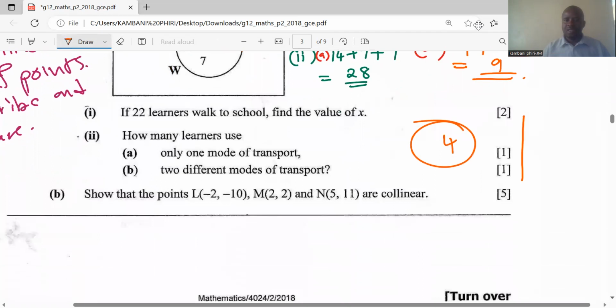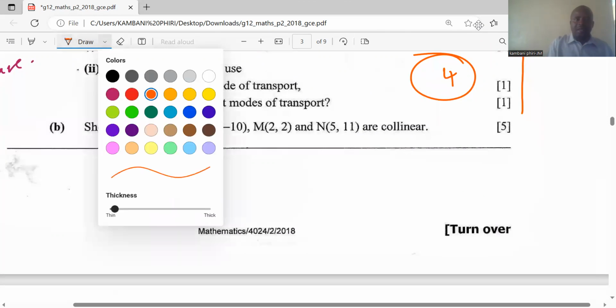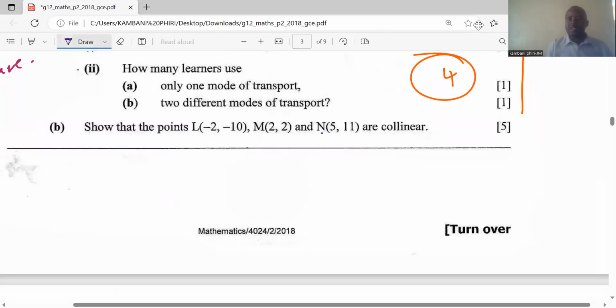Then the next question. Show that the points L, M, and N are collinear. Now, when I say a point is said to be collinear, points are collinear. For example, if you have got L, M, and N, then you can say that the points are collinear.